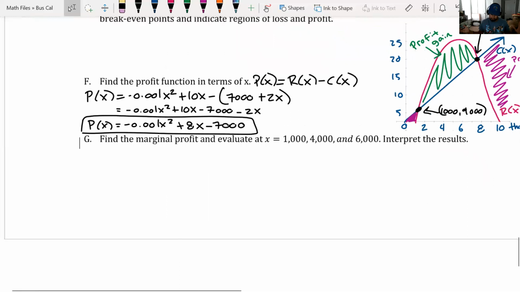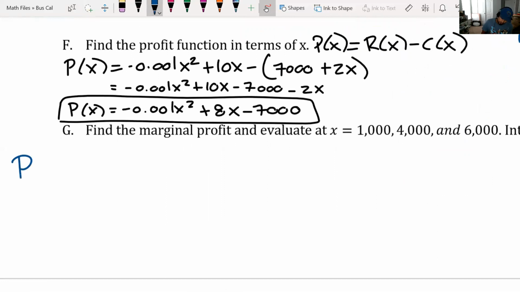All right, almost there. Find the marginal profit and evaluate it at x equals 1,000, 4,000, and 6,000. So all you have to do is take the derivative of the profit function that we just found and plug in those numbers. So let's finish this up.